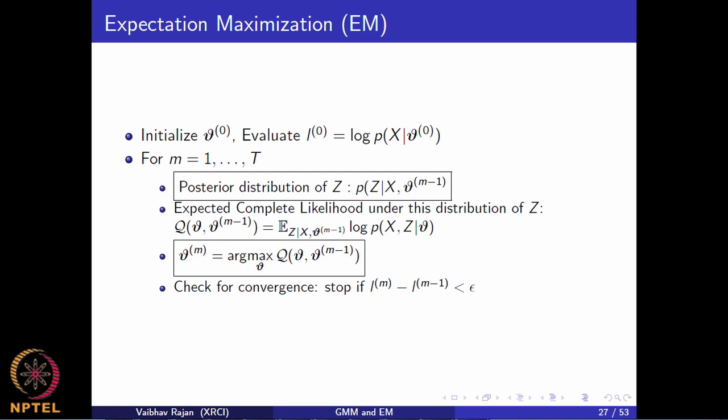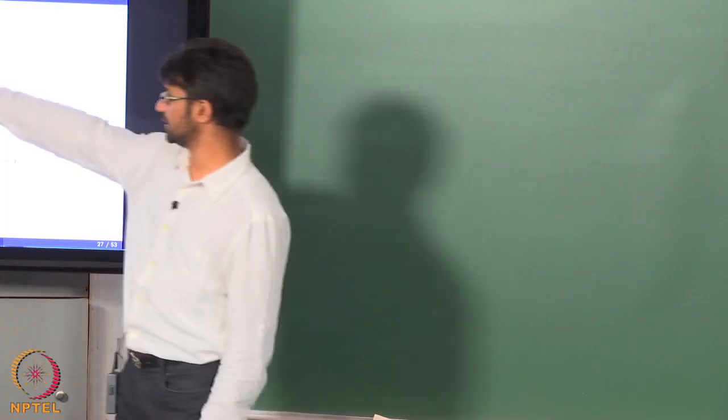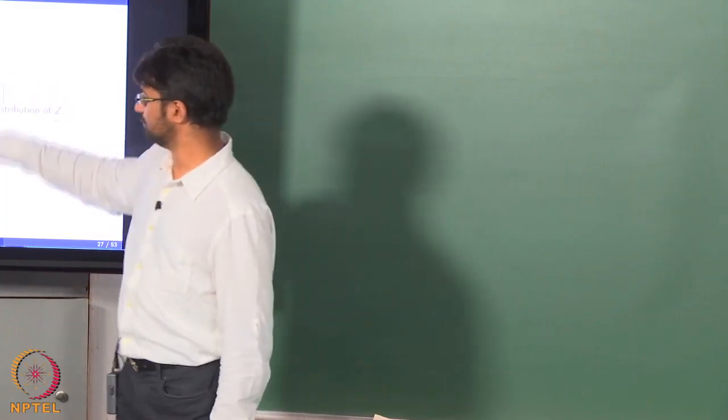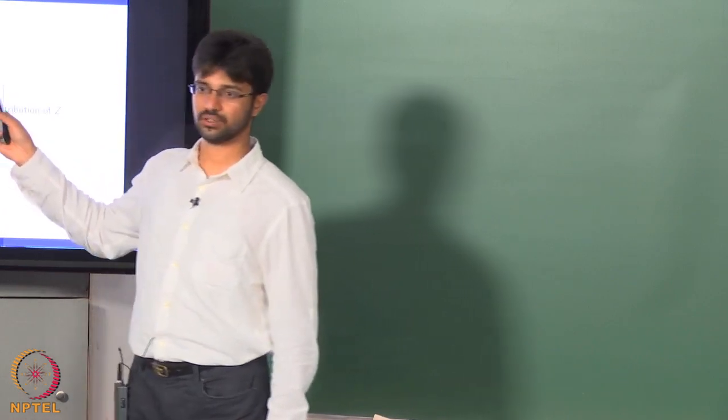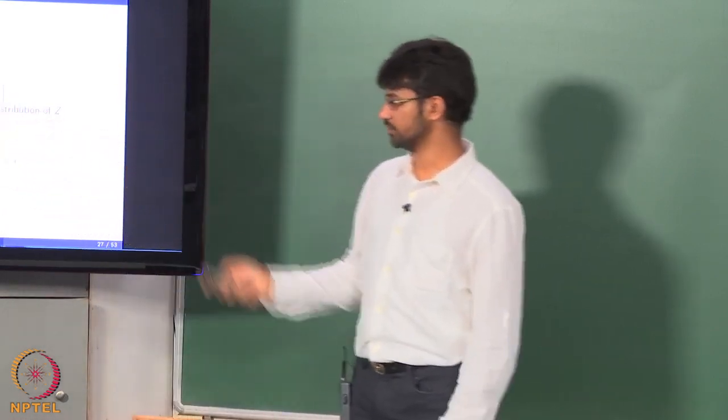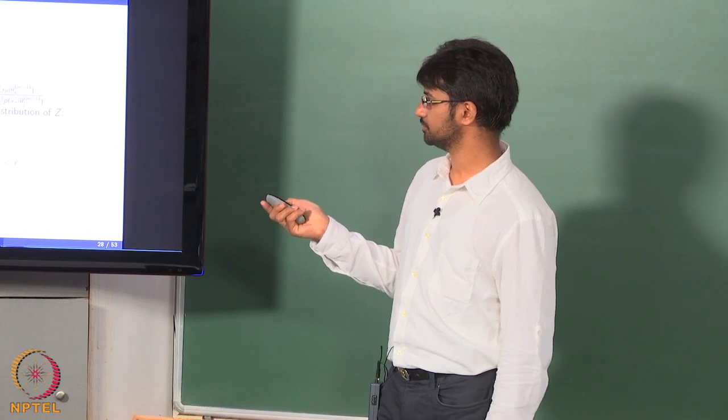And today we are going to see that this procedure is nice because it guarantees that the likelihood will increase in every iteration. Whatever likelihood you start with, at every iteration the likelihood is going to increase. That is what we are going to show today.